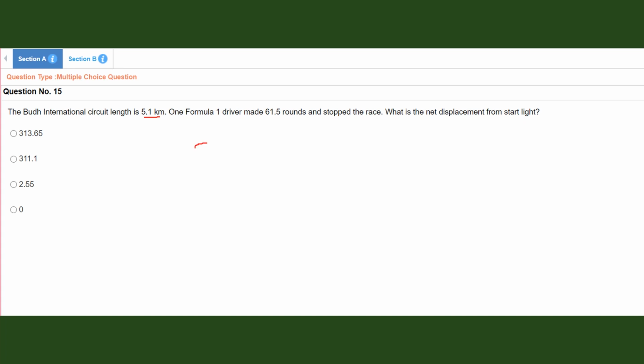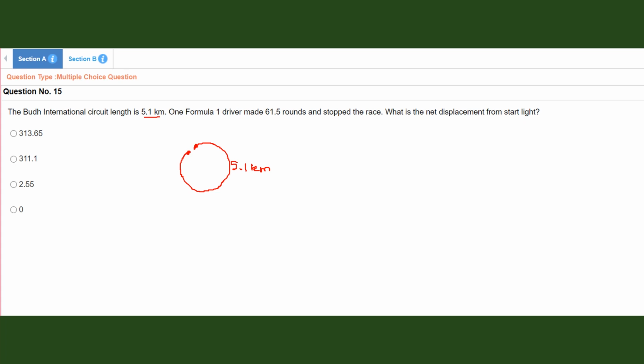Now if we see the circuit length like this, and it is a total of 5.1 kilometers, and this Formula 1 driver made 61.5 rounds of it from the starting point, and it stopped here. Now it is asking the net displacement.